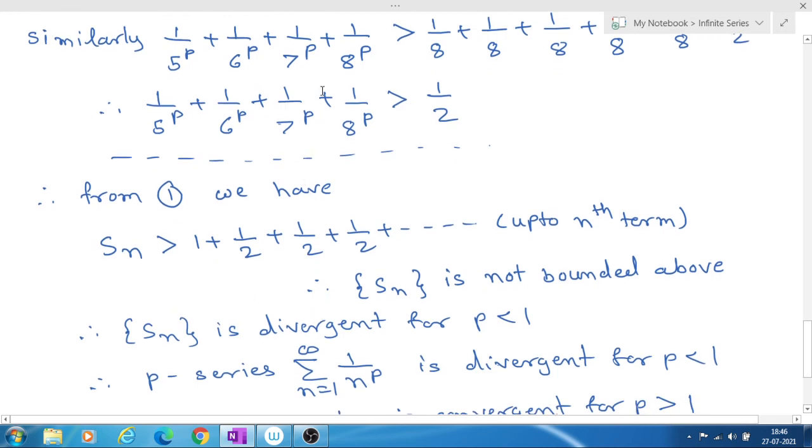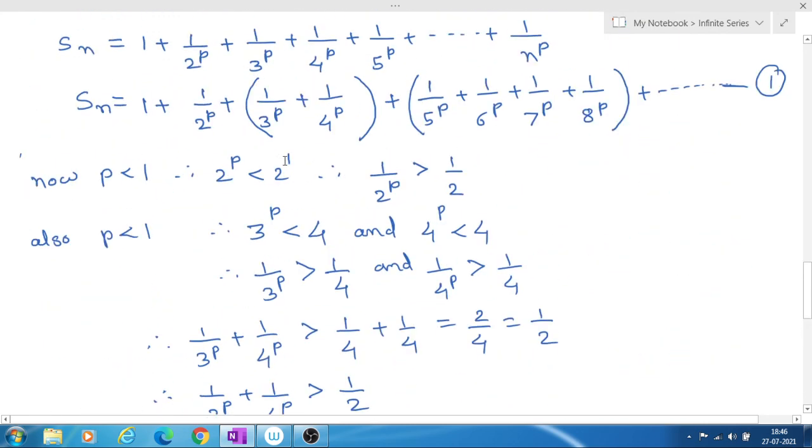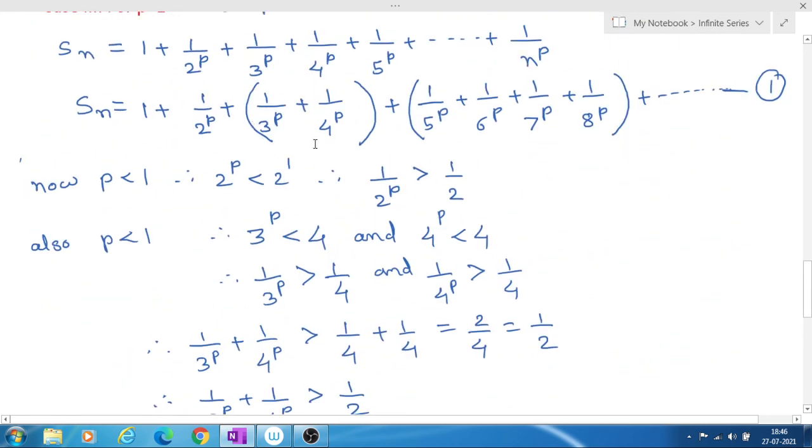Therefore, if we use this in our Sn, then Sn will be greater than the first term 1 as it is, plus 1 upon 2 raised to p, which is greater than 1 half. This bracket is greater than 1 half. Again this bracket is also greater than 1 half.